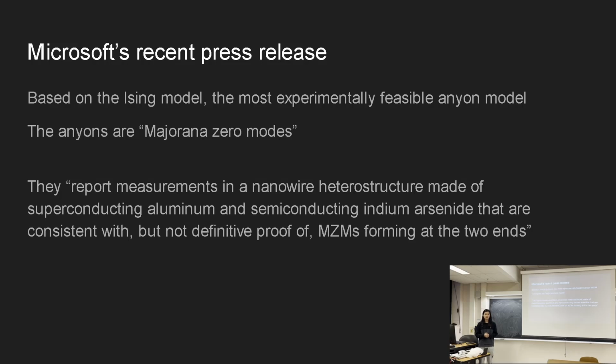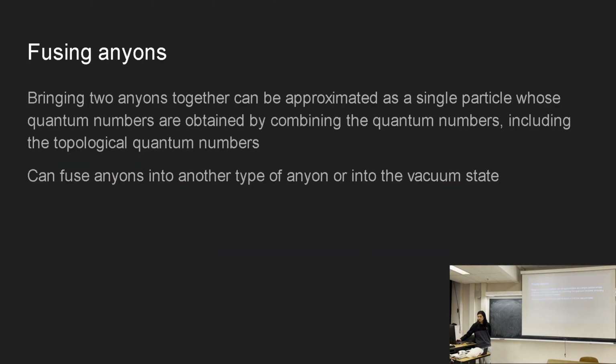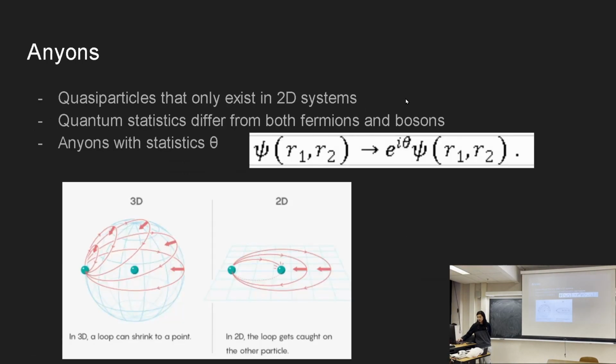I have a more physics-influenced question. So anyons, I don't know, you might not know this. From what I know, anyons means that you can have any value of spin. Is that accurate? I don't remember. I think it's any value of this theta here.